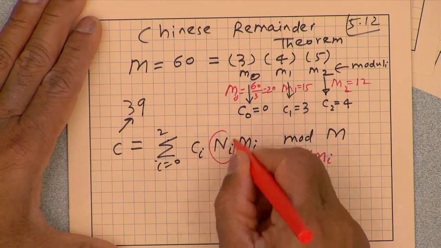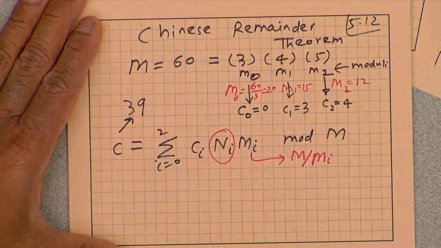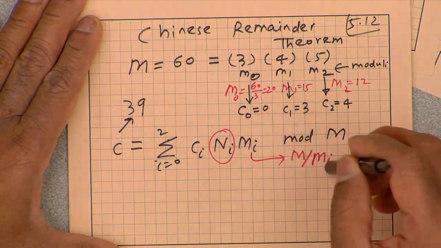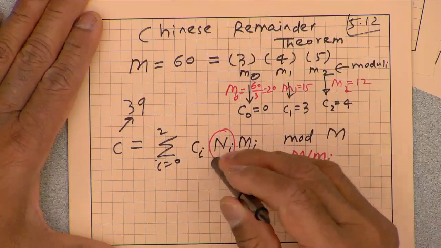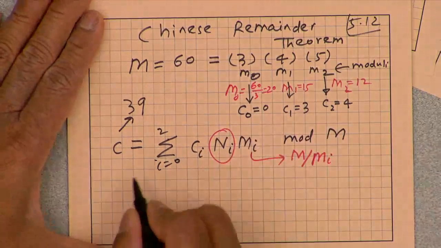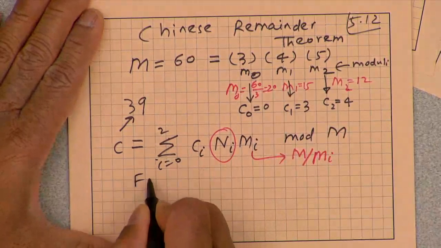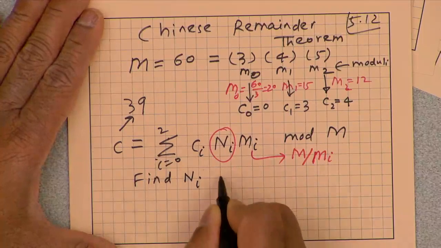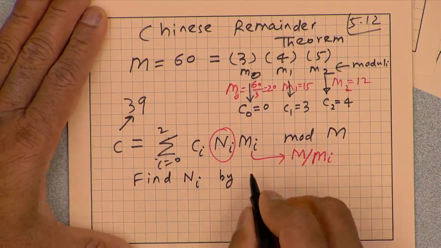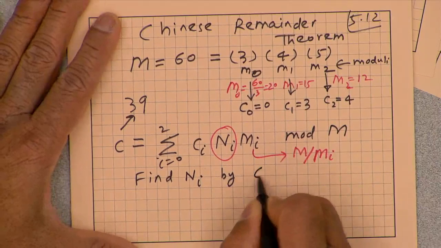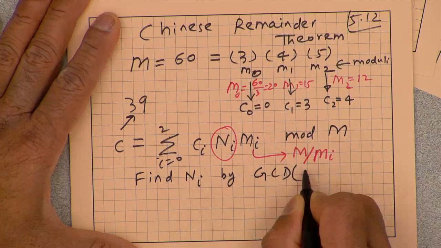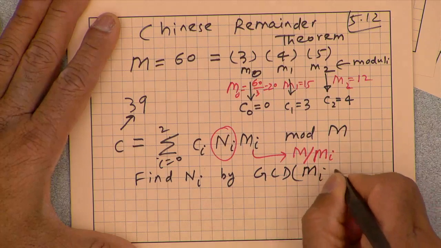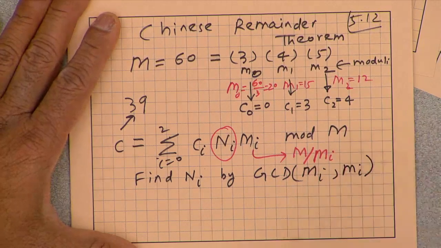What I don't know is N, because that's what I don't know. We know Ci now, we know Mi, but what exactly is Ni? So find Ni by the GCD of Mi and mi.